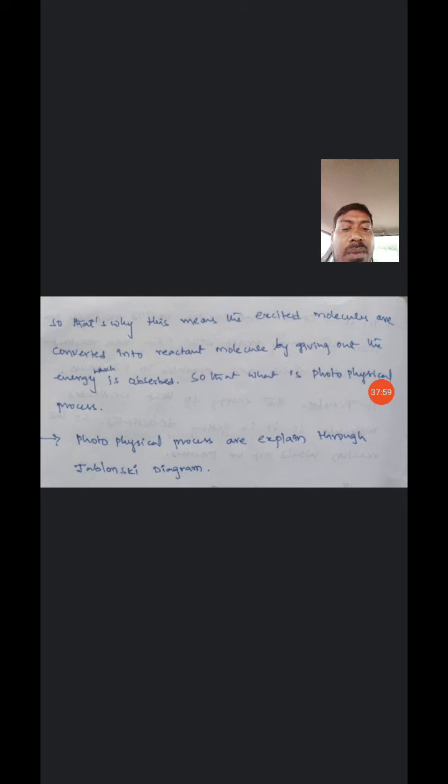These photophysical processes are explained through the Jablonski diagram.